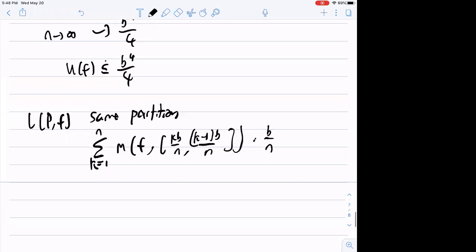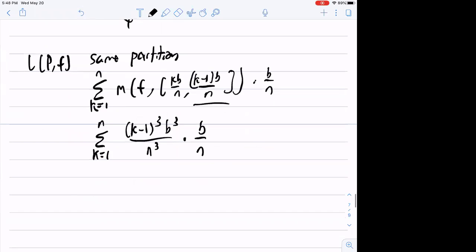And same argument, right? What's the smallest value? The smallest value is at this endpoint. So it's (k minus 1) cubed over n cubed times b cubed times b over n. And similarly, b to the fourth over n to the fourth.